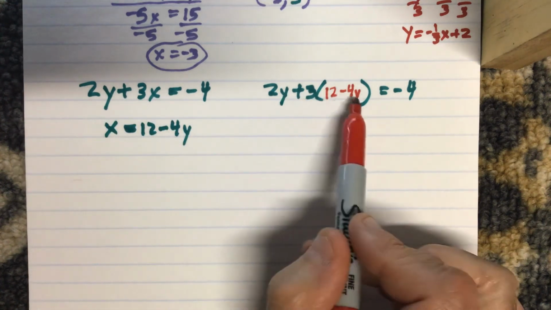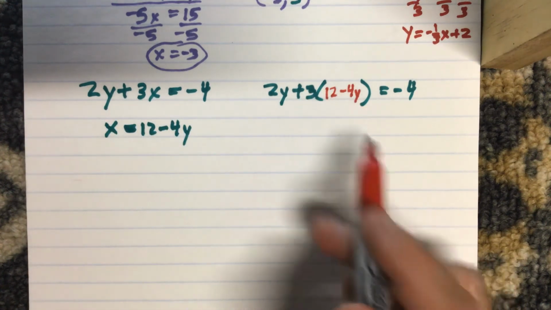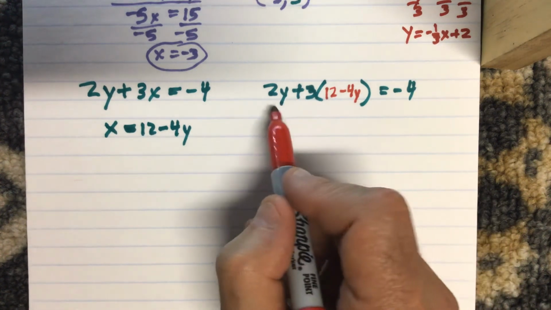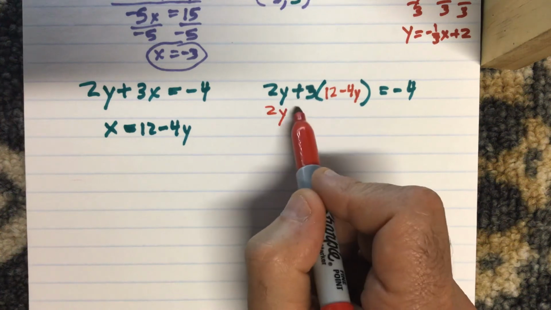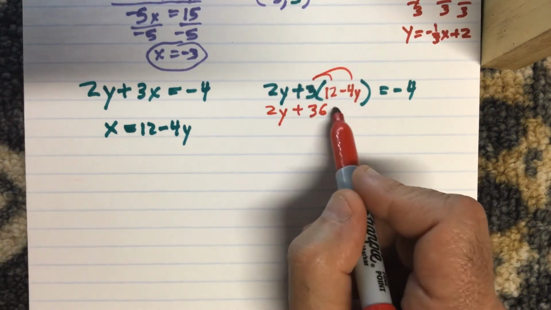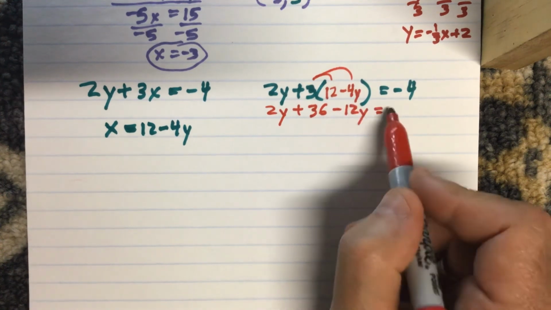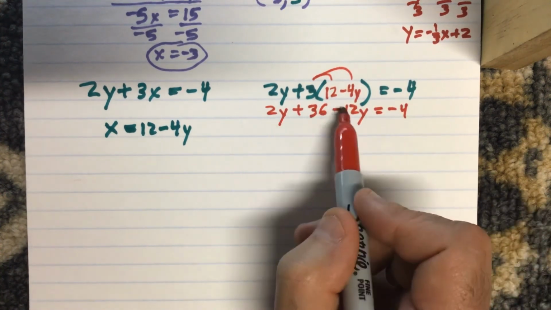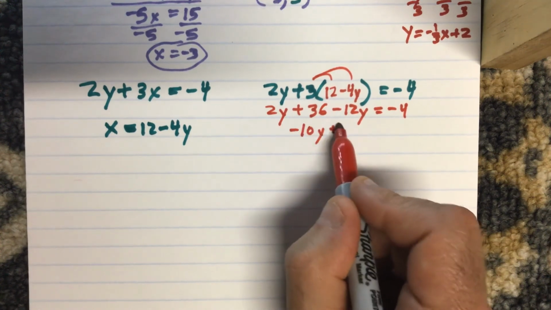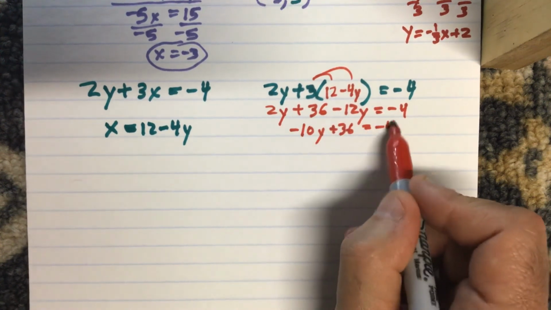Notice all I have is y's now, so when I get the answer, I'm going to have the y value of my answer. So this is 2y, I'm going to distribute here, plus 36 minus 12y equals negative 4. Combine these two like terms, which gives me negative 10y plus 36 equals negative 4.